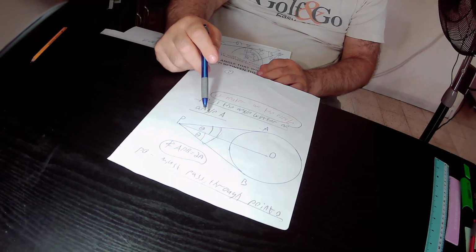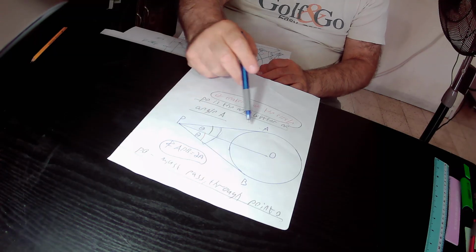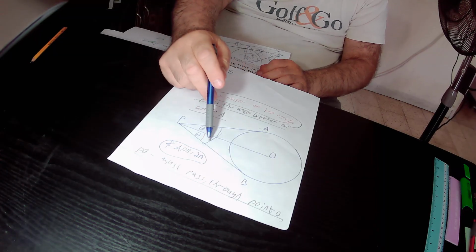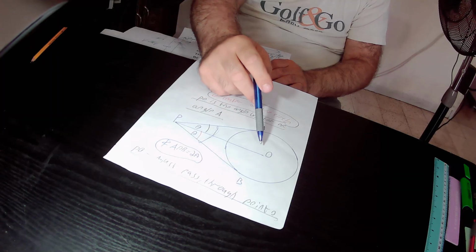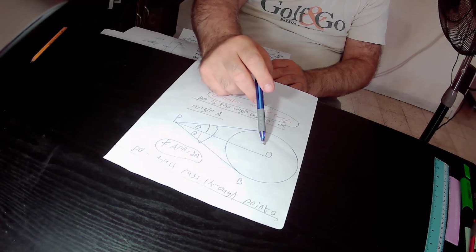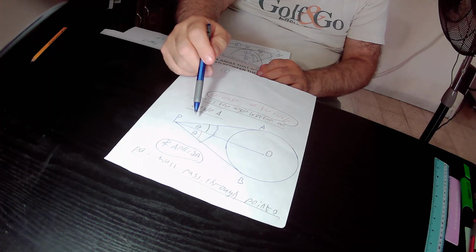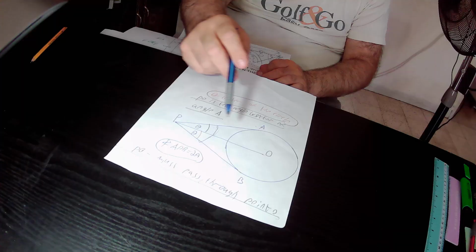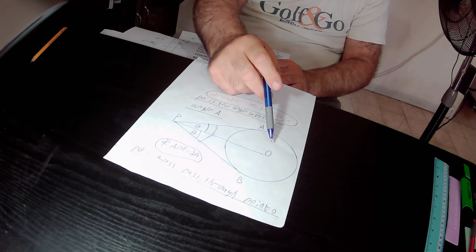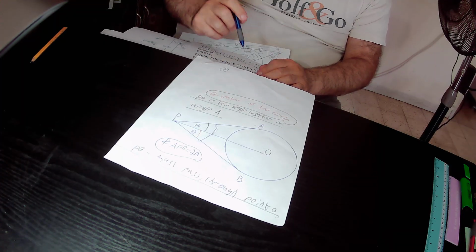Now, according to rule 15, the angle bisector of angle APB must pass through point O, that is the center of this circle. Again, the angle bisector of an angle that was created by two tangents, that is angle APB, must pass through point O, the center of this circle.